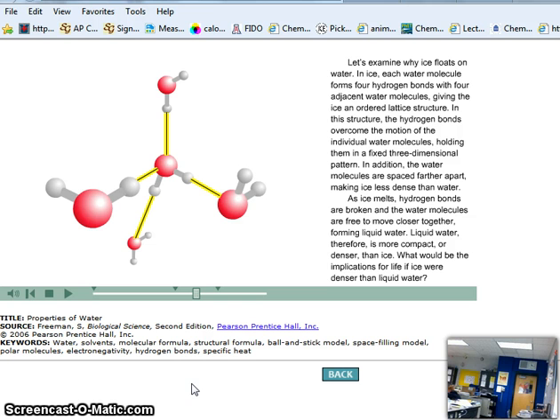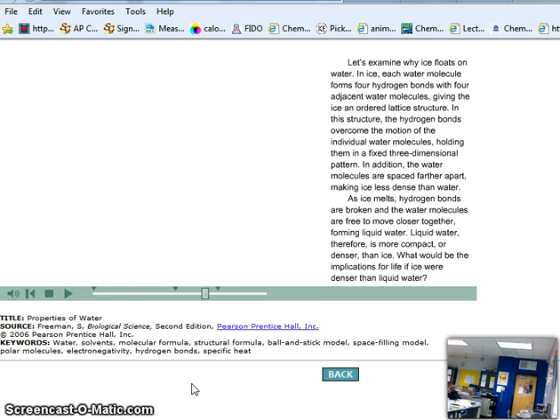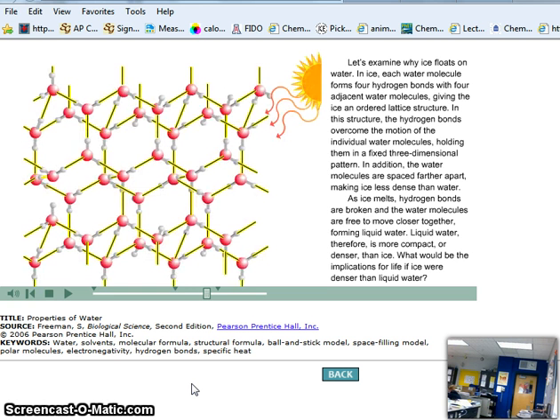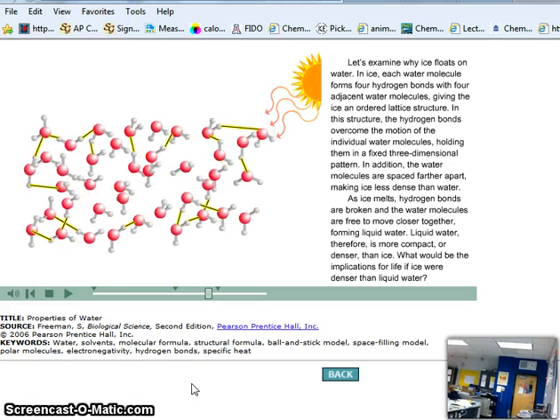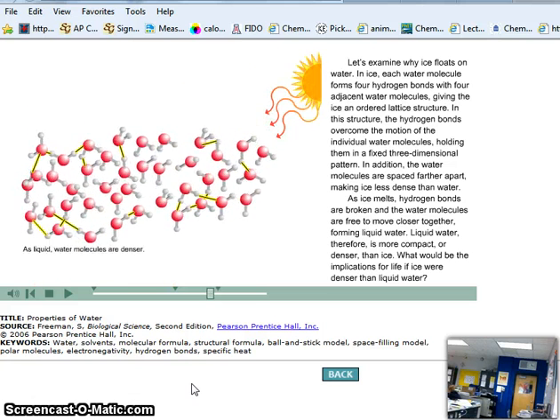In this structure, the hydrogen bonds overcome the motion of the individual water molecules, holding them in a fixed three-dimensional pattern. In addition, the water molecules are spaced farther apart, making ice less dense than water. As ice melts, hydrogen bonds are broken, and the water molecules are free to move closer together, forming liquid water. Liquid water, therefore, is more compact or denser than ice.